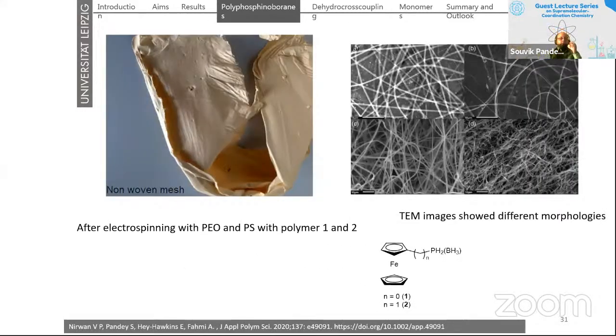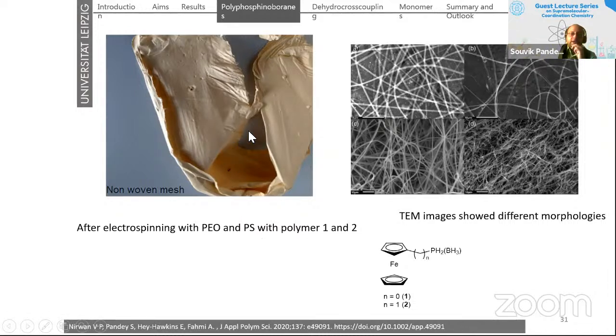Recently we collaborated with Professor Fami in Germany, with our polymers. It was published last year. He was working with electrospinning. They took our ferrocene polymers and electrospun them with polyethylene oxide and polystyrene polymer.